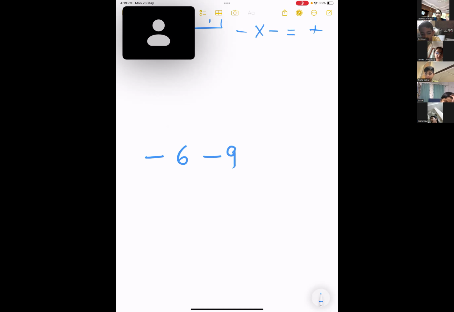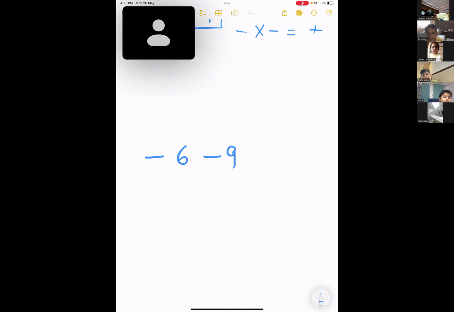Okay, so Advait, can you tell me what is the operation that we need to do if there's a -6 and a -9? Advait? Netik, do you know this?